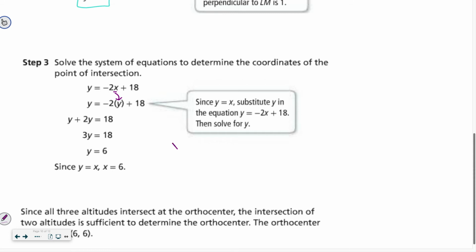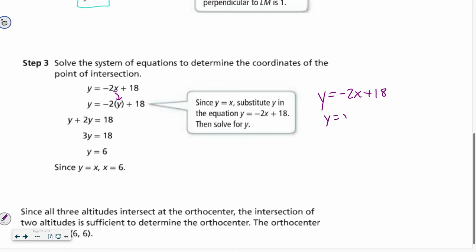A more common way for step 3 that you're used to is we usually get rid of the y's. So I had y equals negative 2x plus 18, and I had y equals x. The way that we've been practicing this year is we just get rid of the y's, and I say x equals negative 2x plus 18.